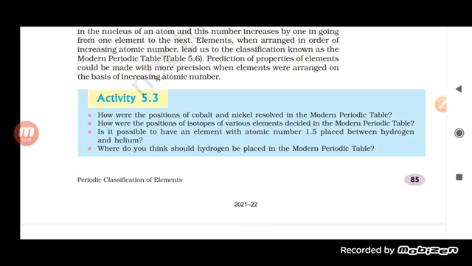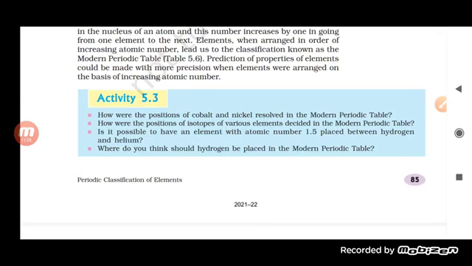Okay, but the problem remains the same, and yes, every element is arranged in proper increasing atomic number, so their property also remains the same. There was no such problem with the property. Now you see here, if we talk about hydrogen, even though it was kept with the alkali metals, it does not belong to the alkali metals, because it shows the properties of the alkali metals as well as the halogens.